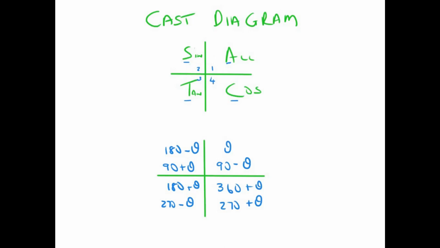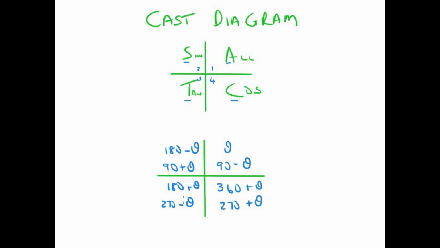All right. So let's look at these quadrants in terms of positive reduction. We normally refer to the first quadrant as theta or 90 minus theta. We refer to the second quadrant as 180 minus theta or 90 plus theta.